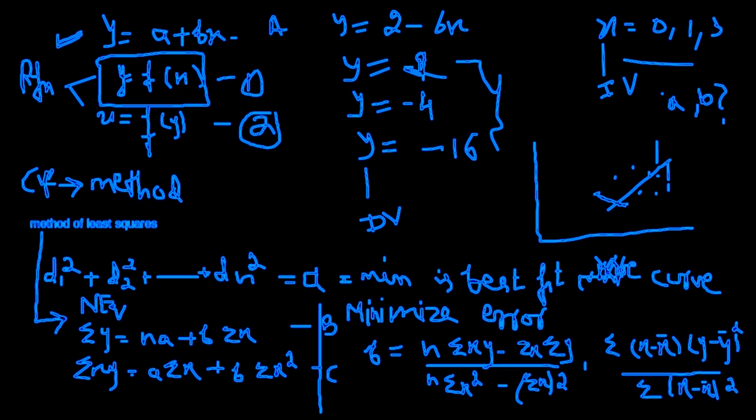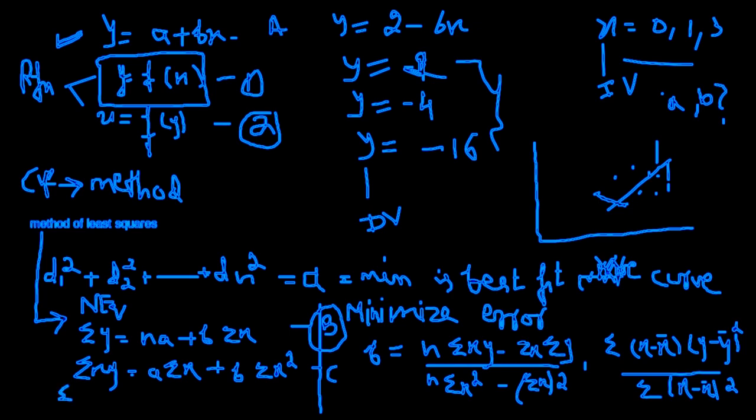Now you see, from our equation b, what do you notice? This is summation y equals na plus b summation x. If you divide this whole equation by n, what will come?